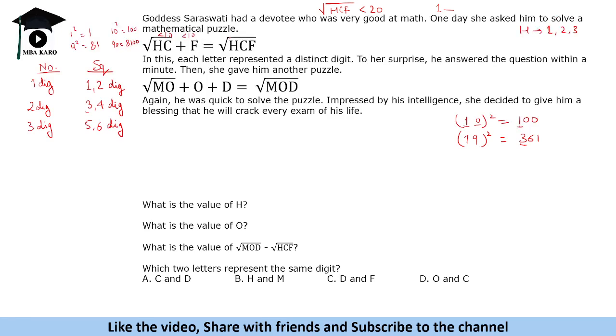So if h is, let us say, 3, then hc will be a square when it is 36, and hcf will be a square when it is 1. So if we take root 36 plus 1 is equal to root 361, that does not work. 6 plus 1, and this comes as 7, not 19, so it is not a possible solution.